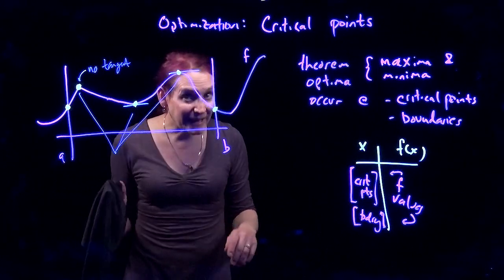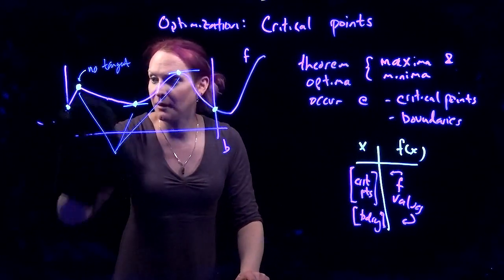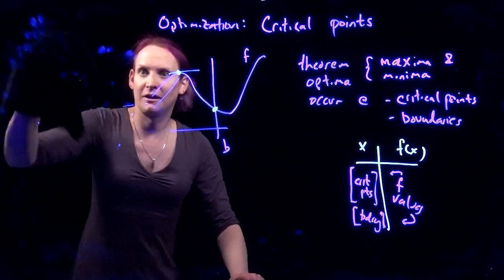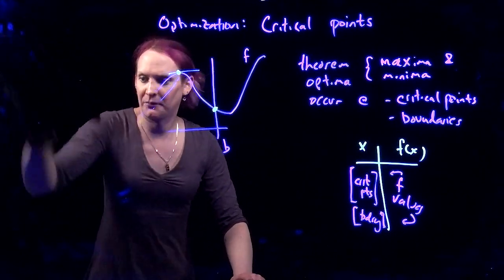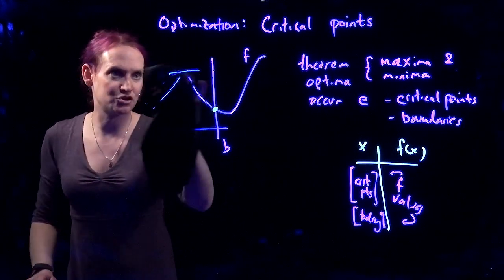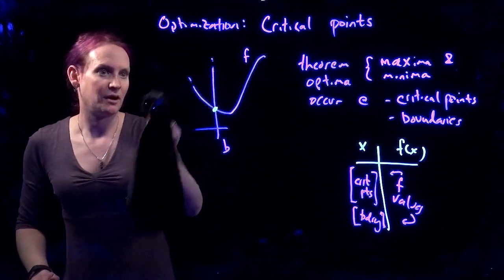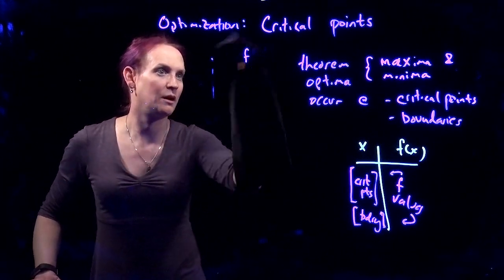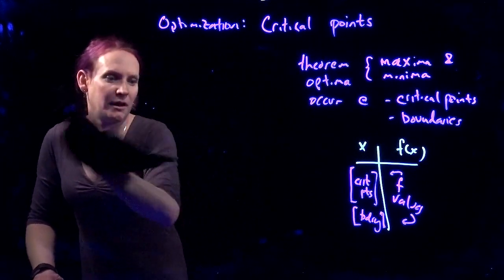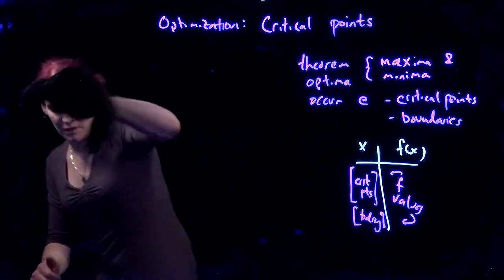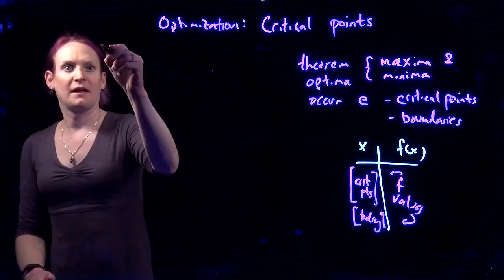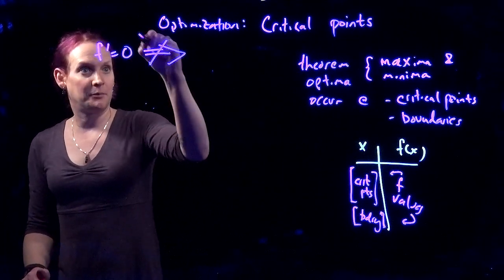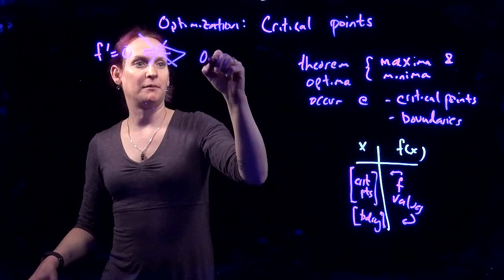Is it guaranteed that you have an optimum at a critical point or on the boundary? I want to draw a picture and show you an example of when these are not true. In particular, I want to show you that f prime equals 0 does not imply optimum.